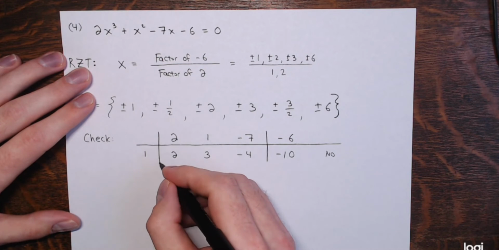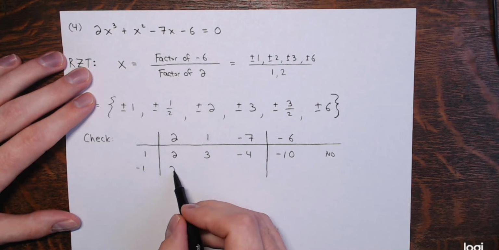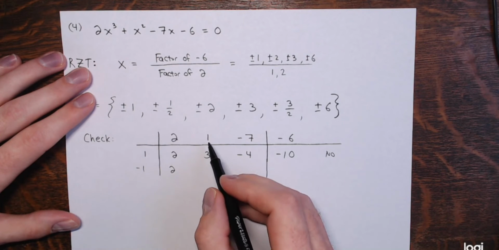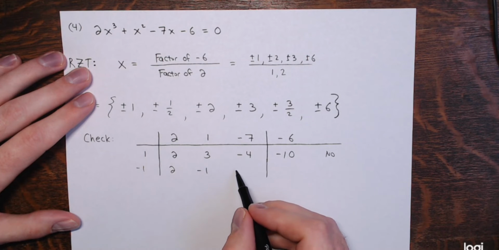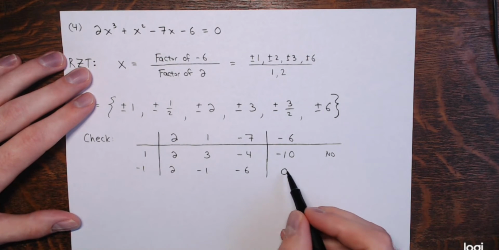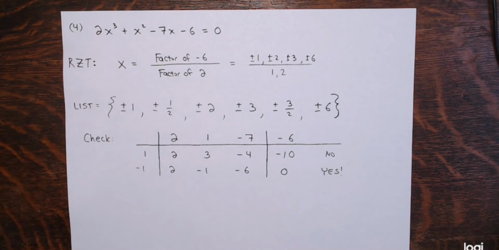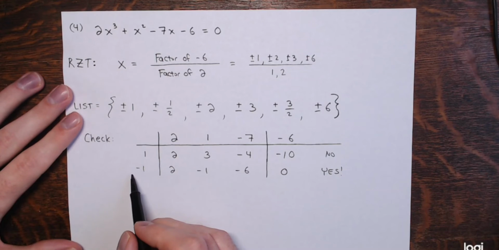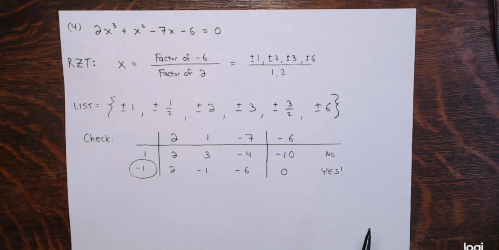How about -1? So drop the 2. -2 plus 1, -1. -1 minus 7, -8... then 6 minus 6, hey, 0. So -1, that's a solution to this equation. That is a 0 of that polynomial function.